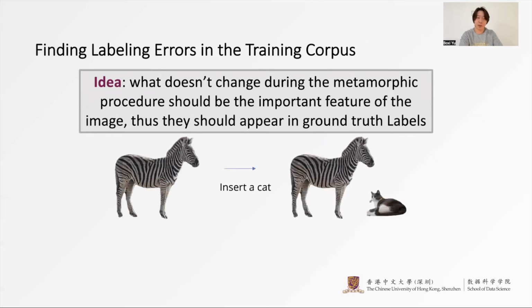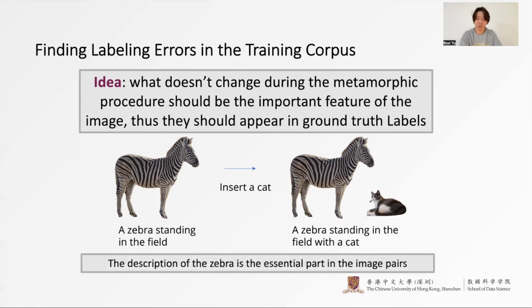For example, the original image is a zebra standing in the field in the COCO caption dataset, where we insert a cat and the caption becomes a zebra standing in the field with a cat. The description of the zebra is the essential part in the image pairs, so this kind of description should at least appear in the labeling in the COCO caption dataset.